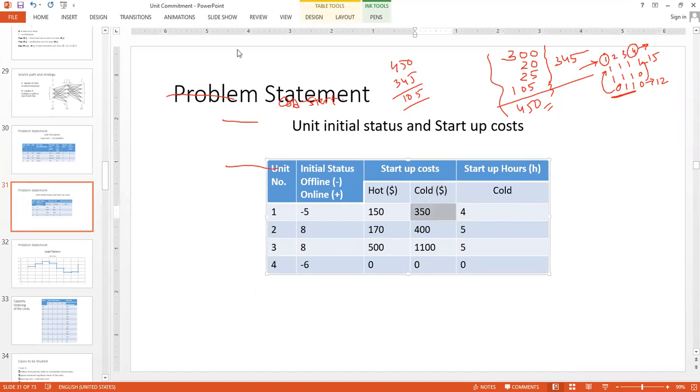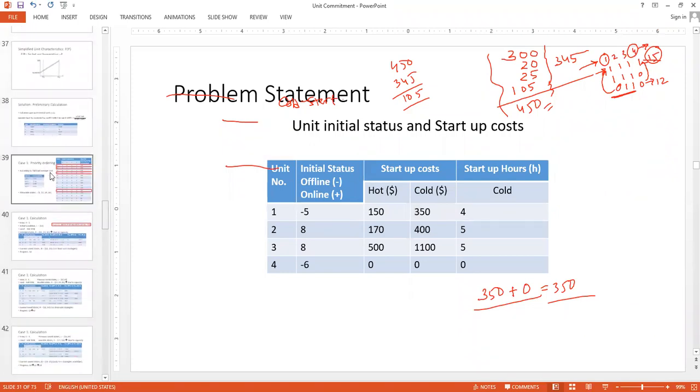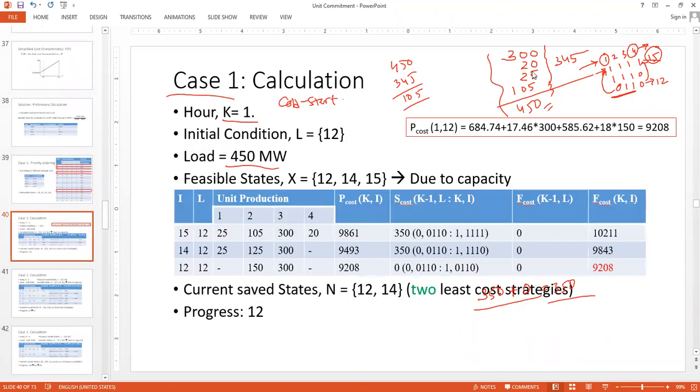So 350 plus 0, that is the cold startup cost for unit 1, plus 0, the cold startup cost for unit number 4, because we are talking about state 15 where we are starting unit 1 and unit 4. So in total, that is 350. So you'll see an entry of 350 there in the table in case 1, hour 1.